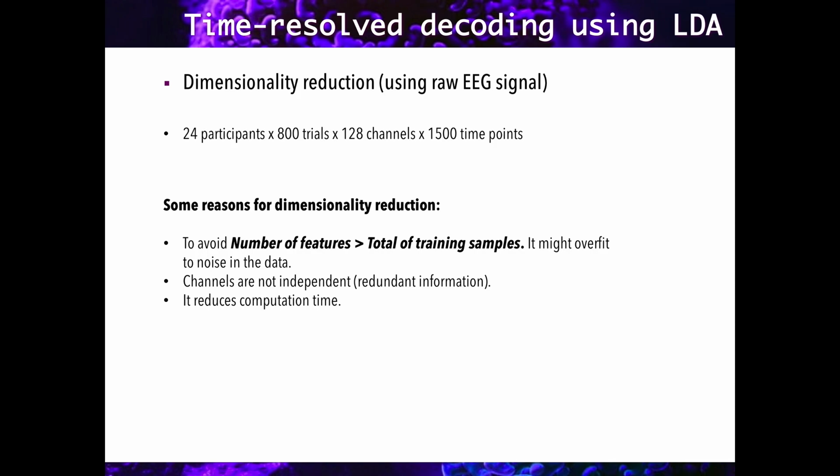Another reason to reduce the number of features in EEG is that channels are not independent and there is redundant information. Some neighbor channels normally carry similar information. And finally, something very practical is that we want to reduce the amount of time that our analysis will take, and yes, this will have a clear impact on that.